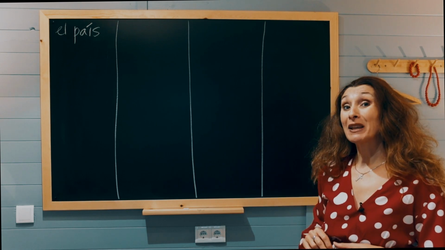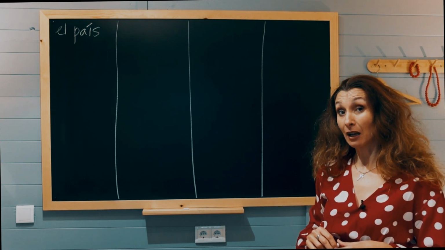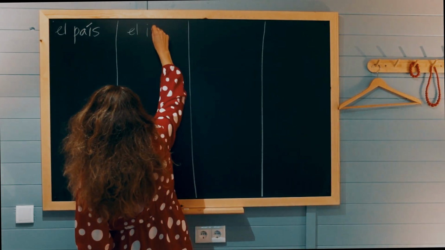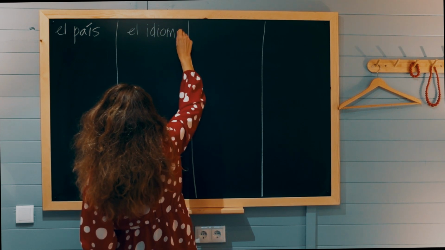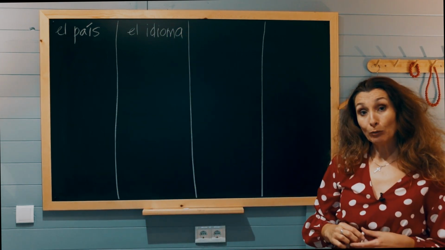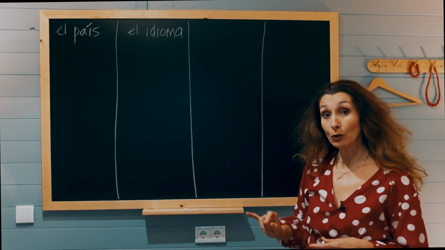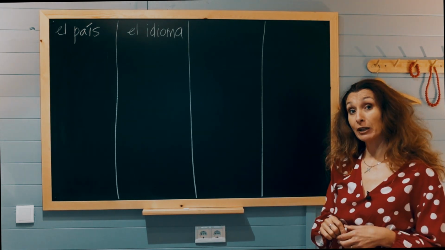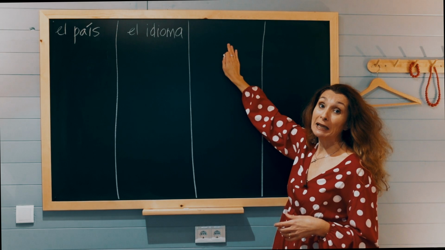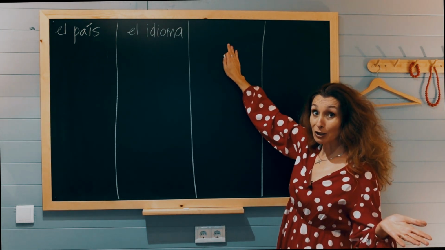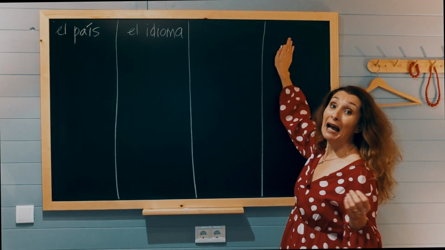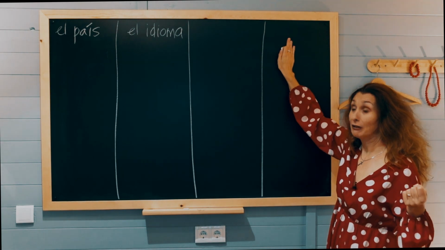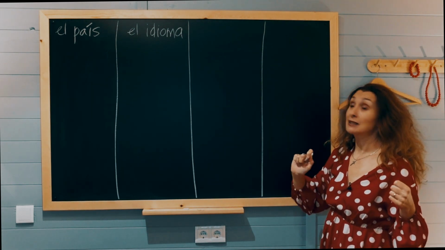The next one is going to be the language spoken in that country, el idioma. And then we will have two for the people who live in that country, the citizens of that country. The first one will be the male citizens, and a word for female citizens, women who live in this country and speak this language.